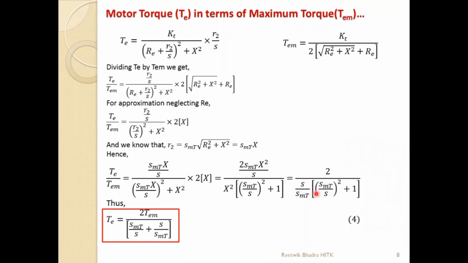So see, this s and s cancels out. SmT and SmT cancels out. So only what remains? SmT by s, this term. And s by SmT plus, into 1 gives you s by SmT only. So s by SmT by s plus s by SmT. This Tem comes in the numerator. So T is equal to twice Tem by SmT by s plus s by SmT.